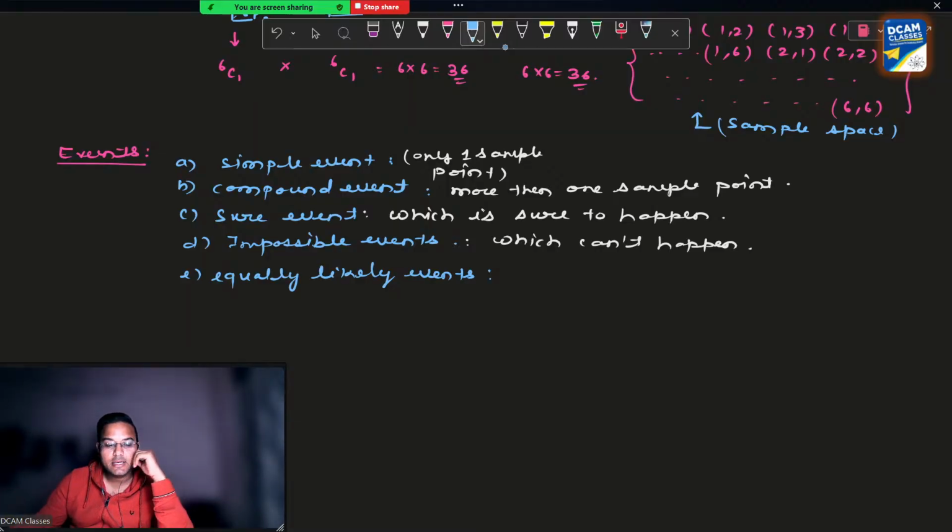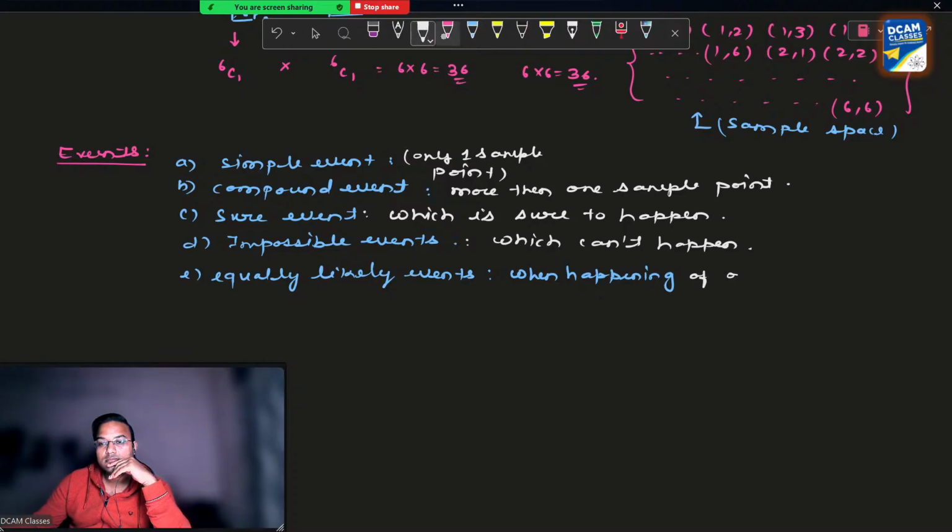Equally likely means when the happening of one event is not in preference to the other.